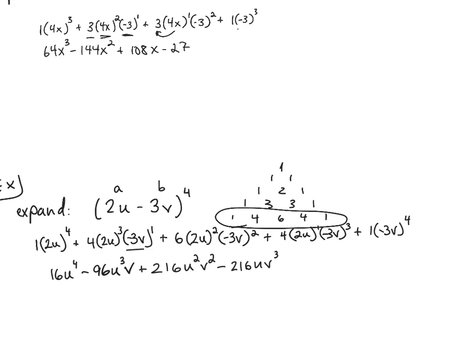And finally there, that last term, negative 3v raised to the fourth power. Negative 3 to the fourth power is positive 81. And that's going to be multiplied by v to the fourth power. So that would be the expansion of that binomial right there.